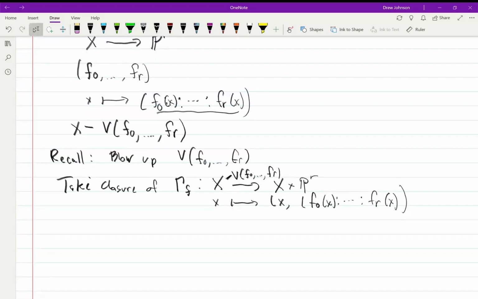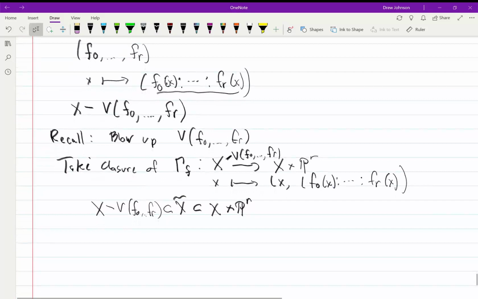Okay, and the point is, we took that closure and we called that X tilde, and we also saw that the open subset X minus the vanishing of these functions you could consider as an open subset inside of X tilde, right? And X tilde itself is contained in this product. It's the closure of the graph in this product. And if we take the projection here down to PR, we now have a map from X tilde to PR, right?